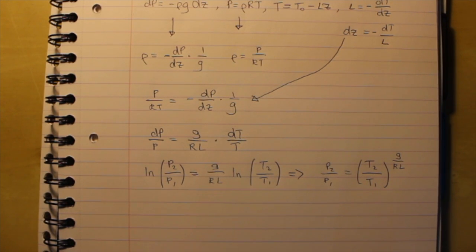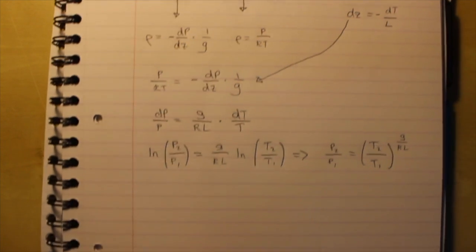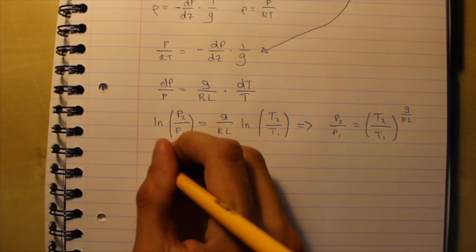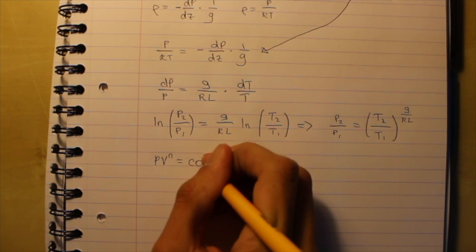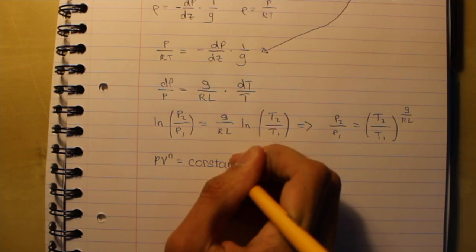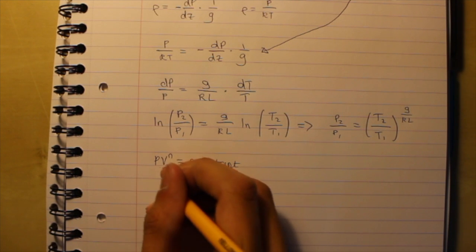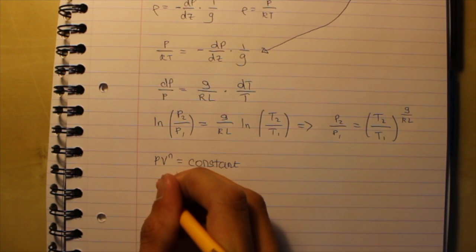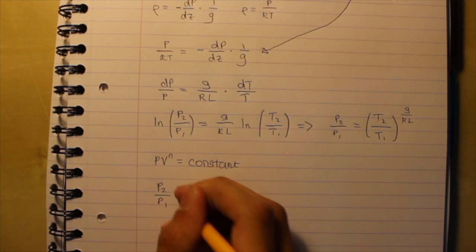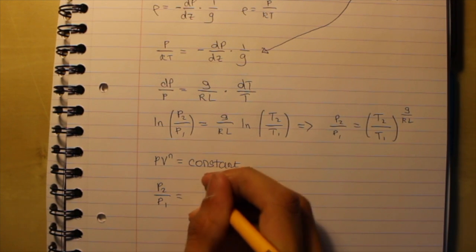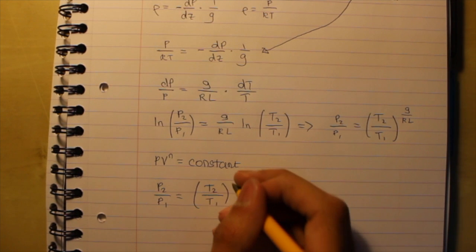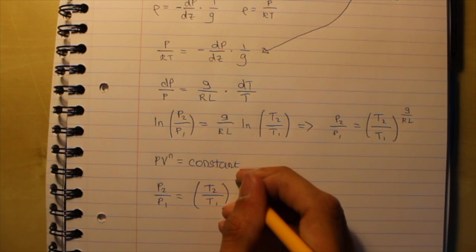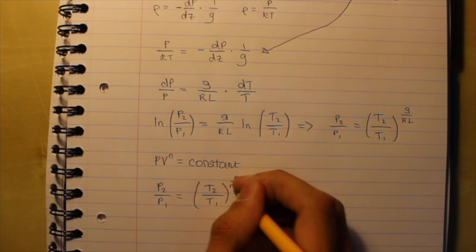Now this looks pretty similar to something that we've done in thermodynamics. Now we know that PV to the power of n is equal to constant. And from this, we also learnt a while ago that P2 over P1 equals T2 over T1 all to the power of n over n minus 1.